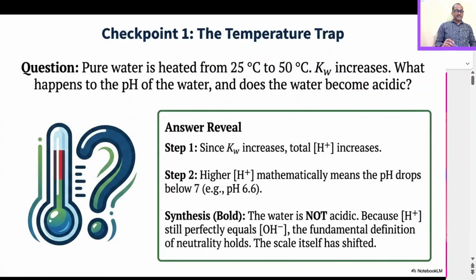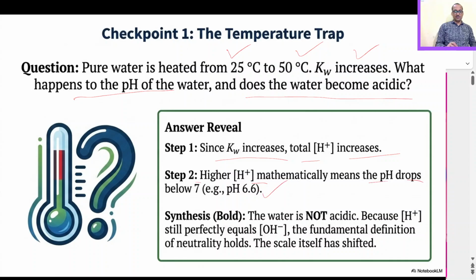So now there is a question: when pure water is heated from 25 degrees to, say, 50 degrees, the Kw will increase. So what will happen to the pH of water? And does the water become acidic? So the answer is, since Kw increases, the total H plus ion concentration will increase, and higher H plus ion concentration means pH will drop.